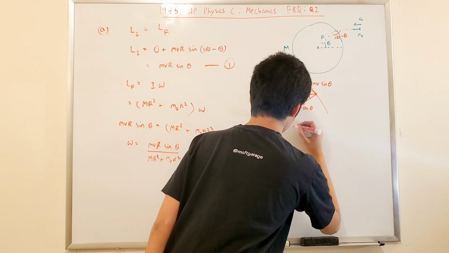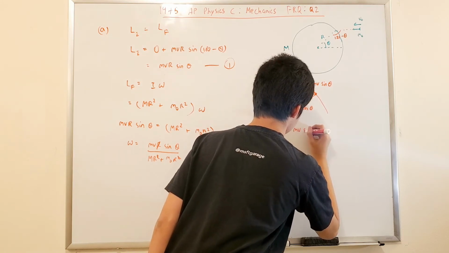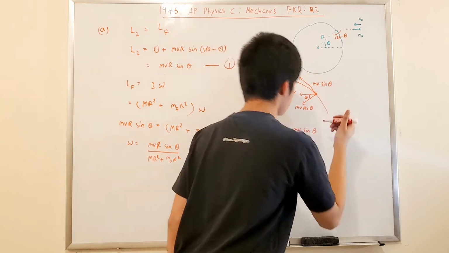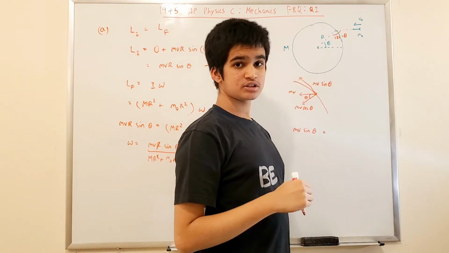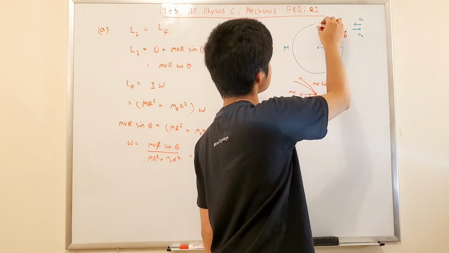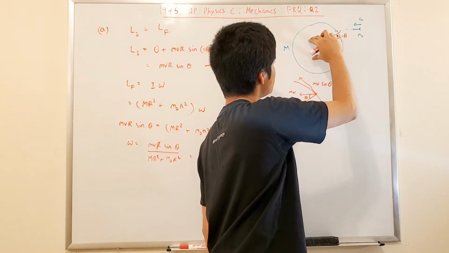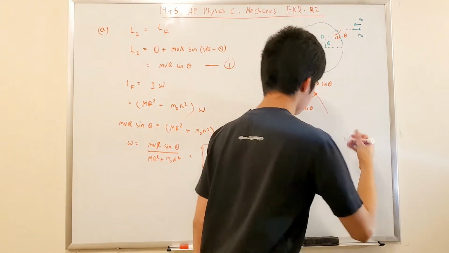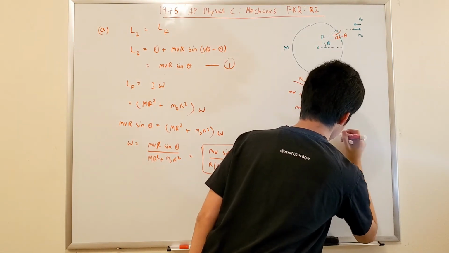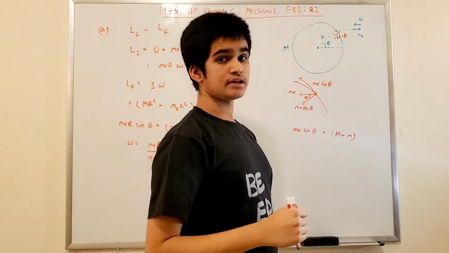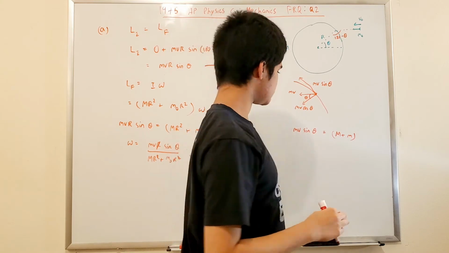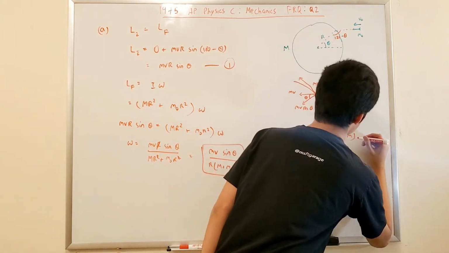m0 v0 sine theta is our initial momentum of this object, and that is going to be equal to our final momentum, which is the momentum of the whole system, the tire and the bullet. So the total mass is capital M plus m0, and our tangential velocity is given by v tangential.